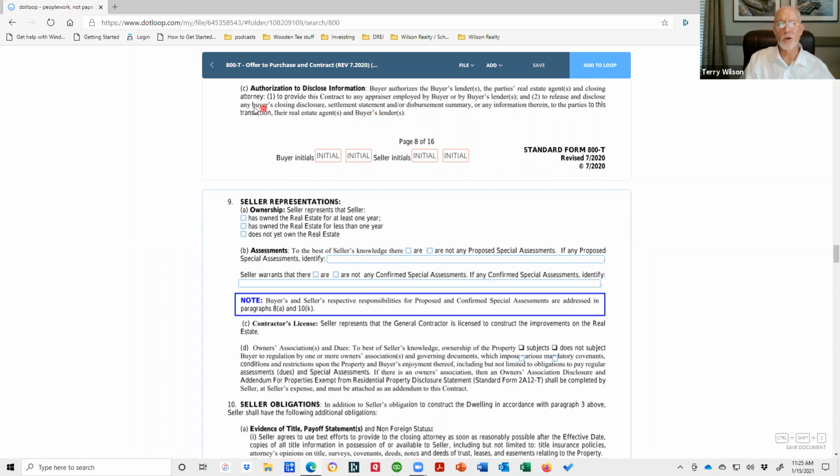This statement no longer applies. They had to add this statement early on because the Consumer Financial Protection Bureau, CFPB, said that the buyer was the only one that was allowed to see the closing disclosure. Well, if I'm the buyer's agent, I wasn't allowed to look at the buyer's closing disclosure, so I couldn't help them. So they added these statements to our contracts in North Carolina.